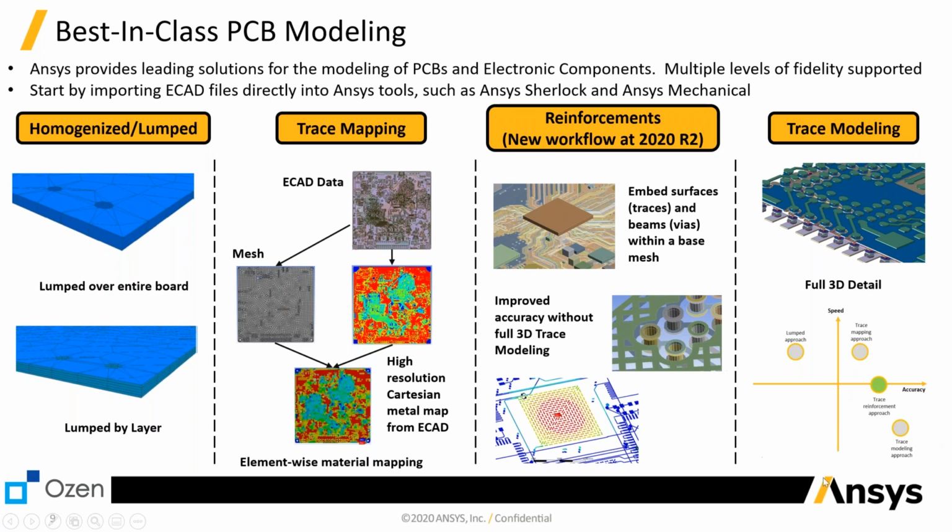And when we look at the accuracy versus speed, the speed is going to come down. Why? Because we are going to have a big model, maybe of the order of 10, 20, 30, 50 million nodes. But our accuracy is going to go up.